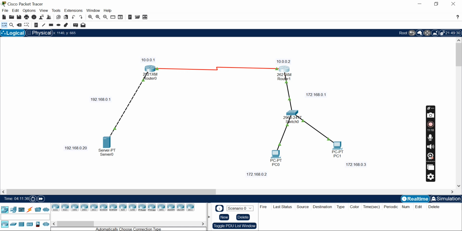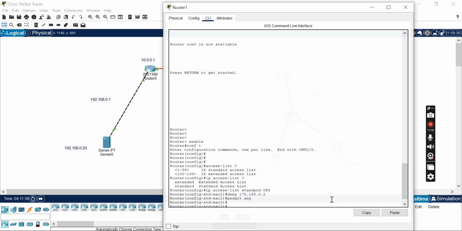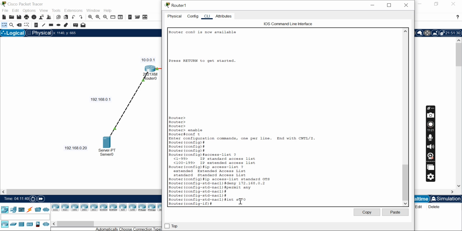Okay, so at this moment I'm just going to my particular router configuration, and I'm going to make an access group from here. IP access group. Then I have to write in here, what I have to write in here, OTS, and it is outbound.